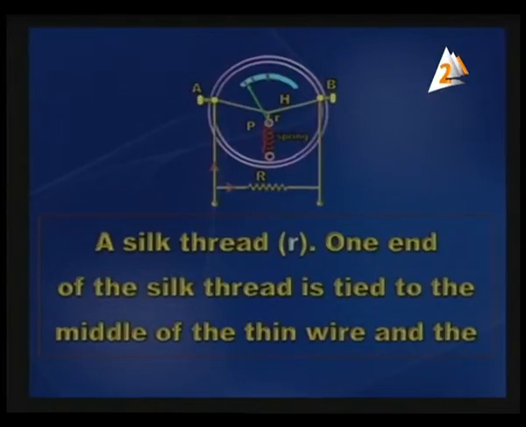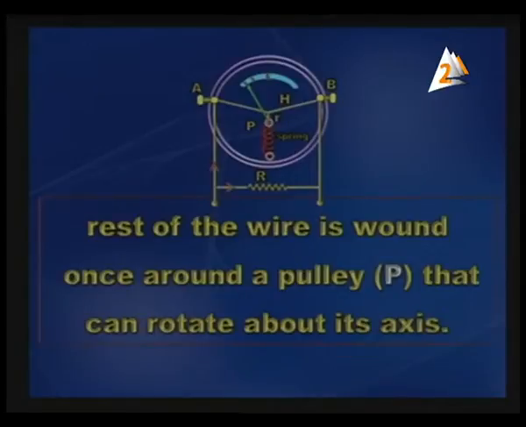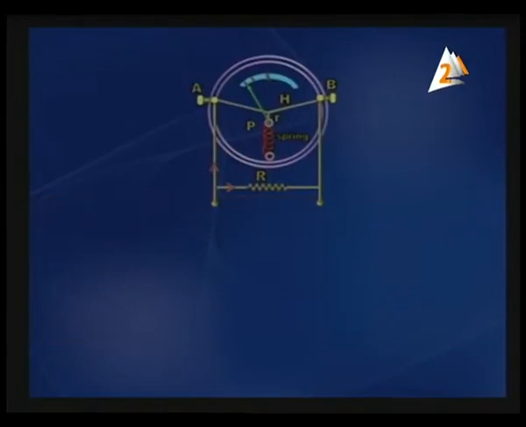Also, we've got a silk thread denoted by R. One end of the silk thread is tied to the middle of the thin wire, and the rest of the thread is wound once around a pulley denoted by P that can rotate about its axis.